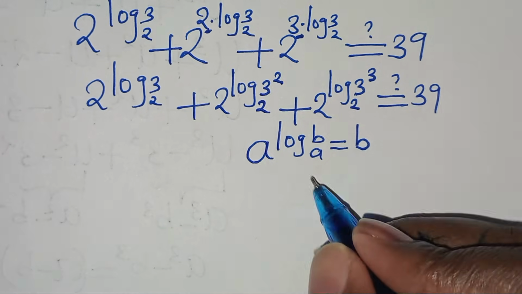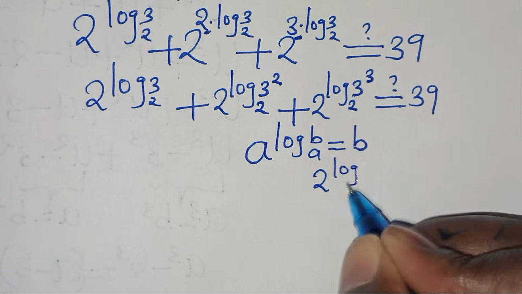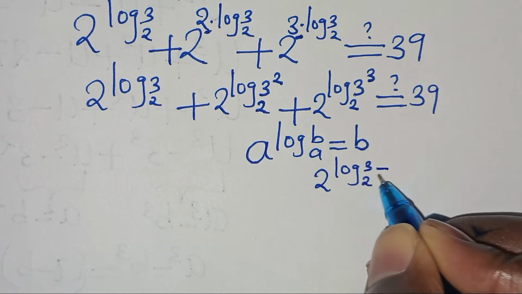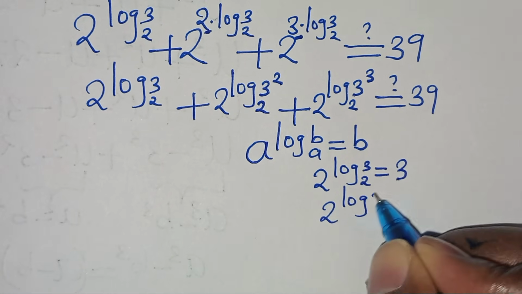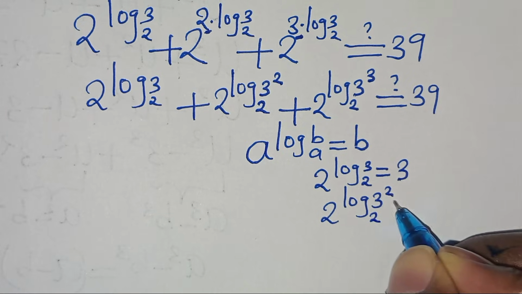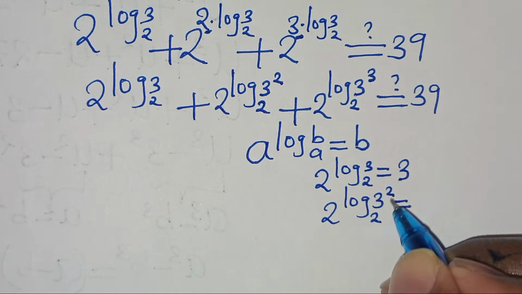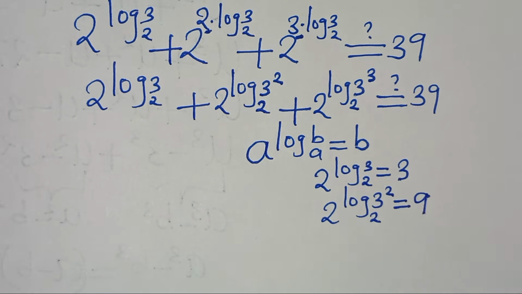So this implies that 2 to the power of log 3 to base 2 should give us a value of 3, and 2 to the power of log 3 squared to base 2 is supposed to give us a value of 3 squared, which is 9.